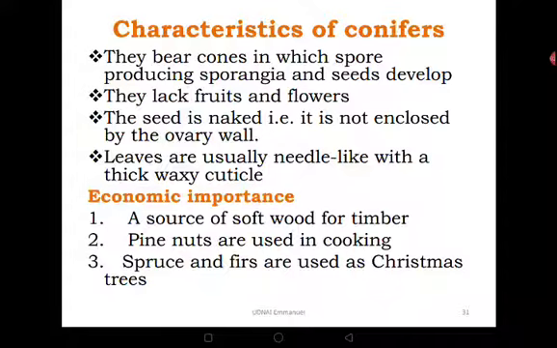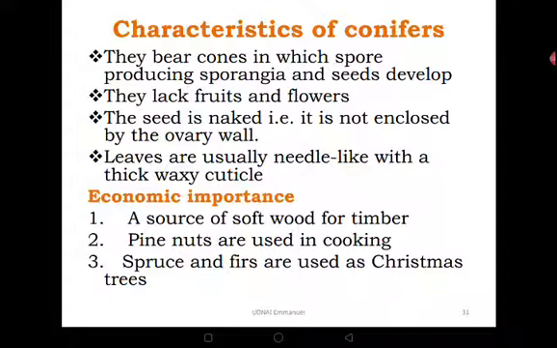I showed you the cones of the pines. And when you go to a mature pine tree, you'll be able to see very many cones. They lack fruits and flowers. I don't know whether you have ever seen a pine tree with flowers. If you see, please let me know. We shall need to discover more about that tree.